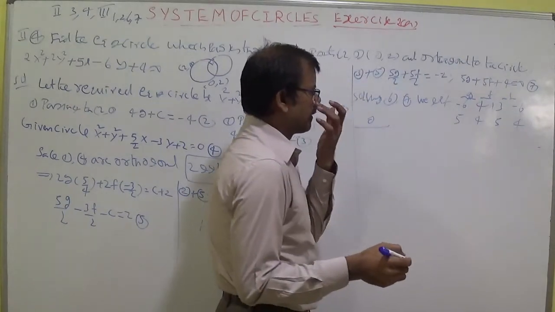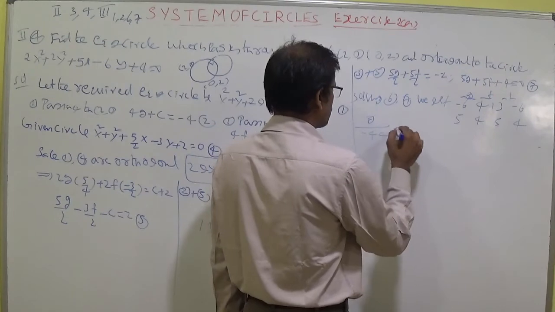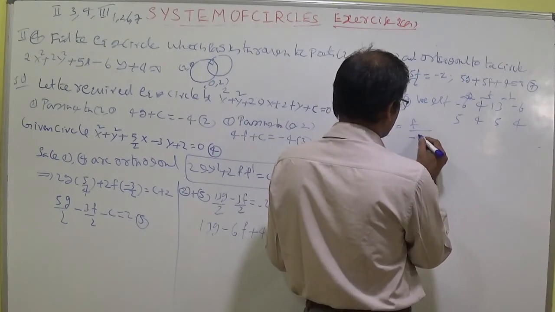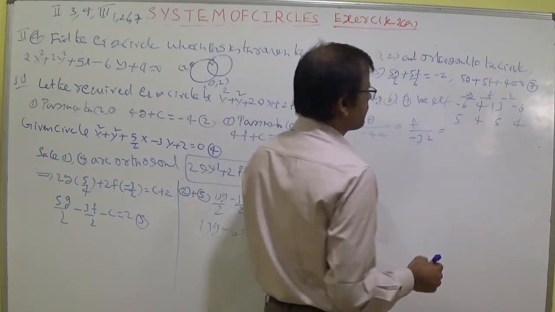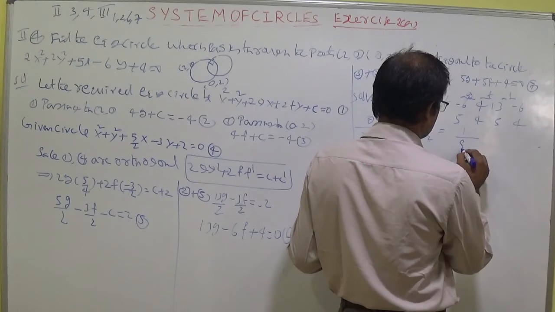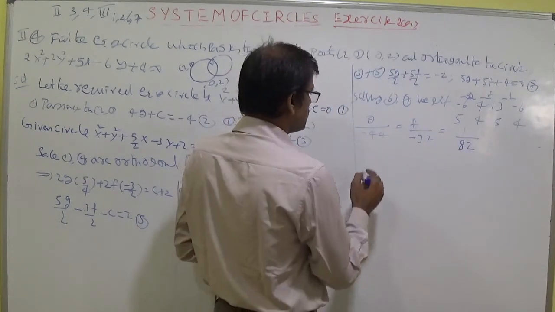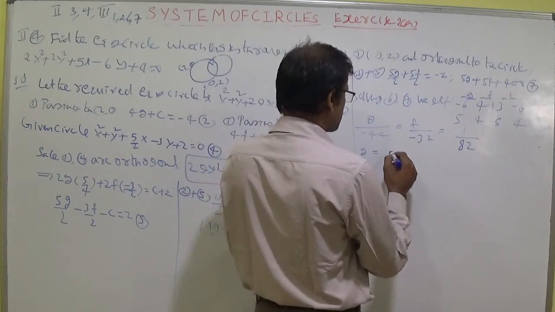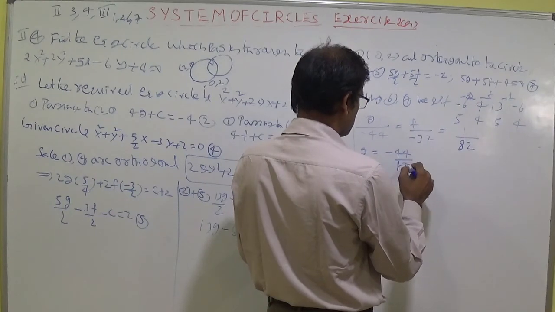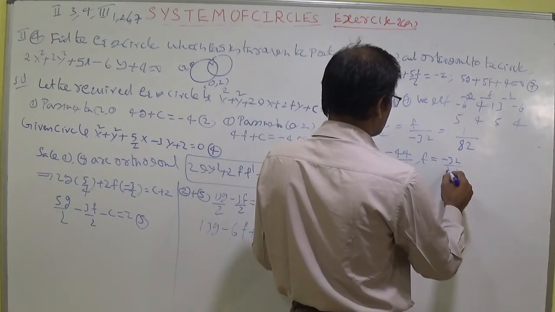G by minus 24 minus 20, minus 44. F by 20 minus 52, minus 32. 1 by 52 plus 30, 82. G is equal to minus 44 by 82. F is equal to minus 32 by 82.